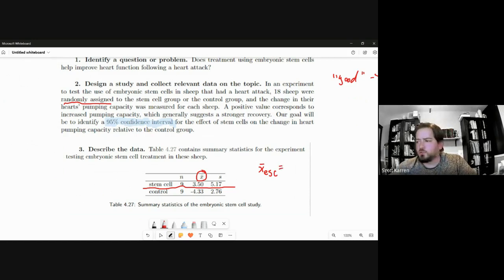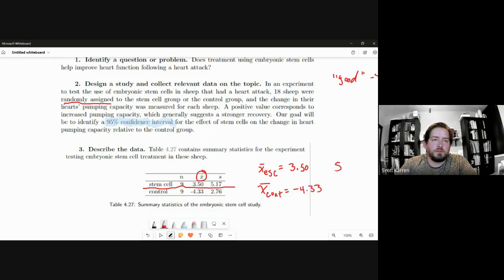You can call it X1, X2, as long as you identify which one is which, but they call it this. X bar sub ESC is 3.50. That makes X sub control. You can write control out, or you can just put a C. I'll just write CONT.